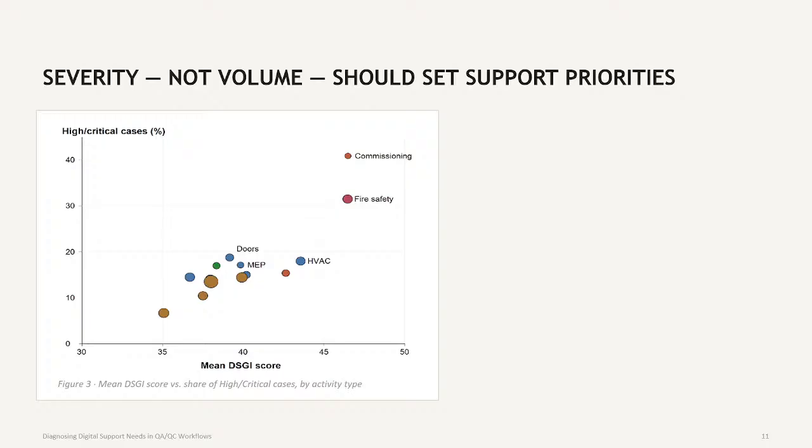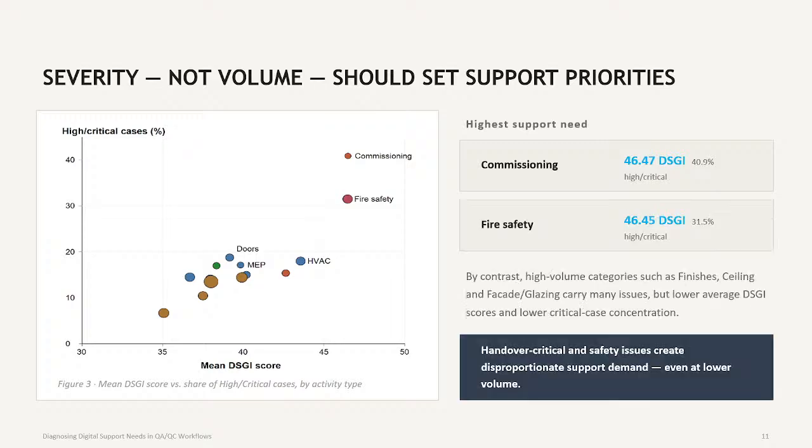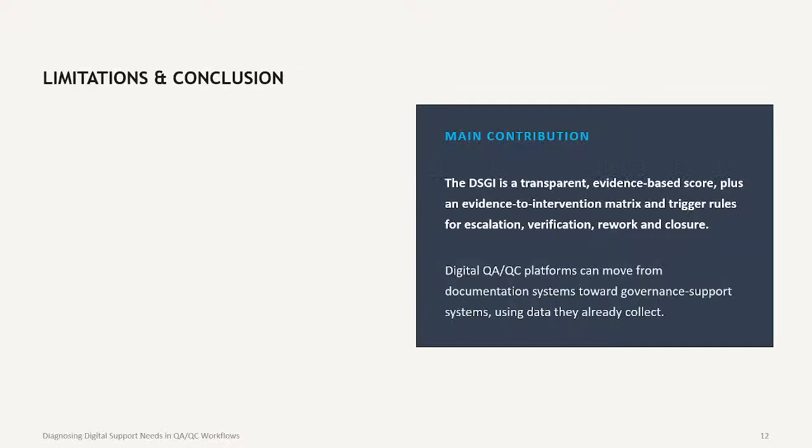The mean DSGI score falls onto commissioning and fire safety, which intuitively should sound solid. Other events, which belong more to interior finishing and interior works, are not that critical and have been resolved fast and efficiently.